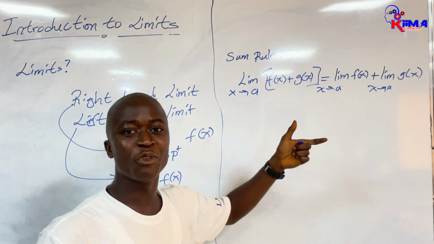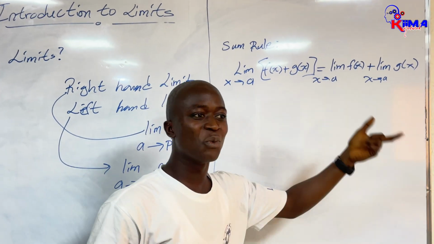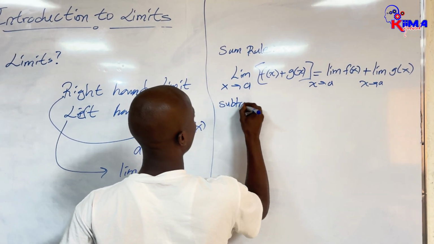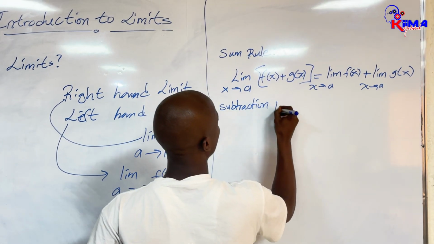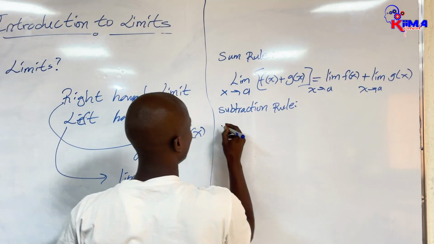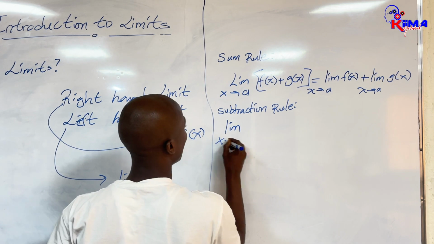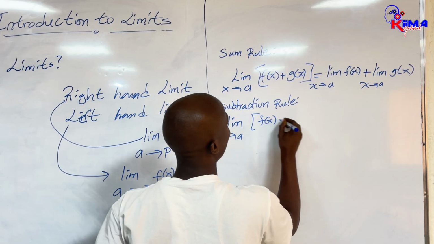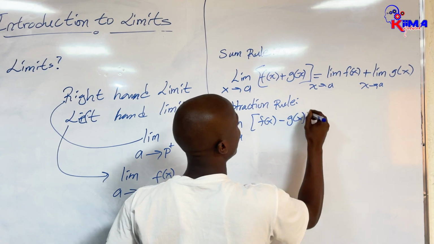Now let's move to the subtraction rule. It's similar: the limit as x approaches a of f of x minus g of x.